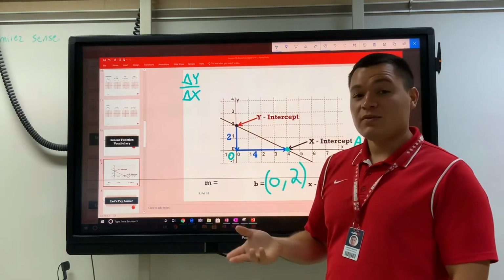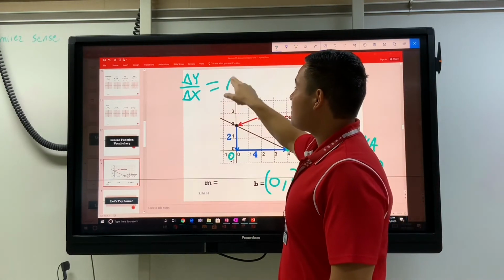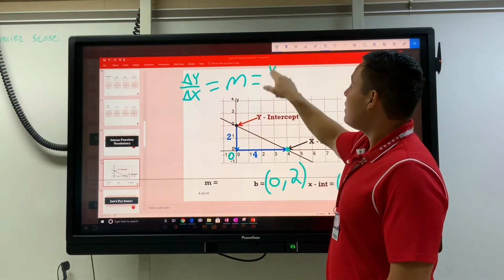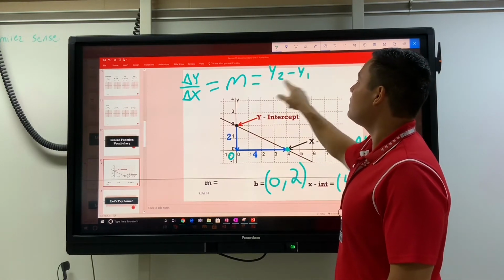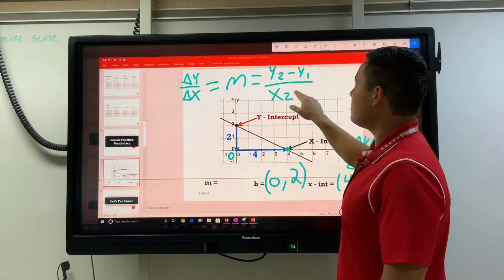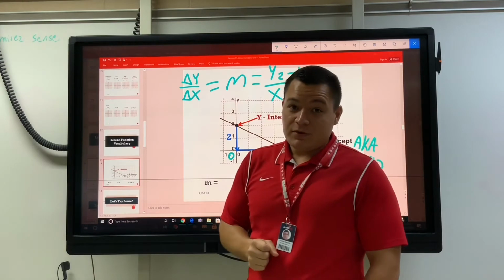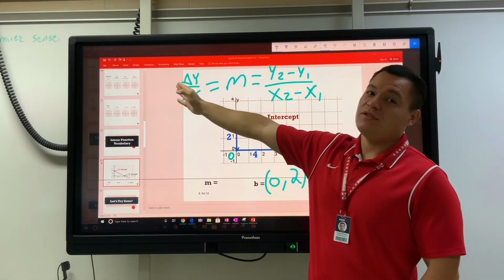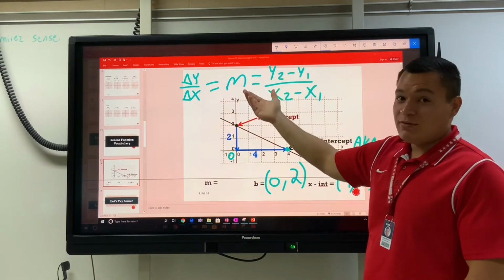We haven't used this formula in this class yet, but the formula that everybody learns for slope is m is equal to y2 minus y1 over x2 minus x1. I really don't know why everybody learns this way, whenever the other way is so much easier, but I guess some people like more labels.